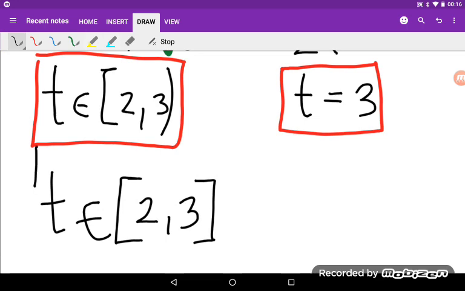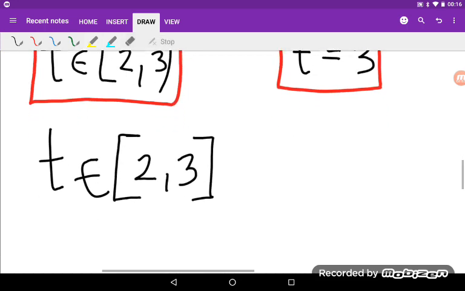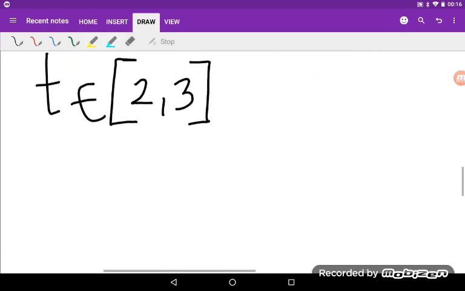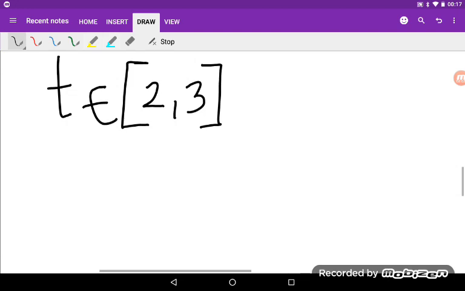So the final solution is actually a closed interval from number 2 to number 3. And now I can change t back to square root of x minus 1.